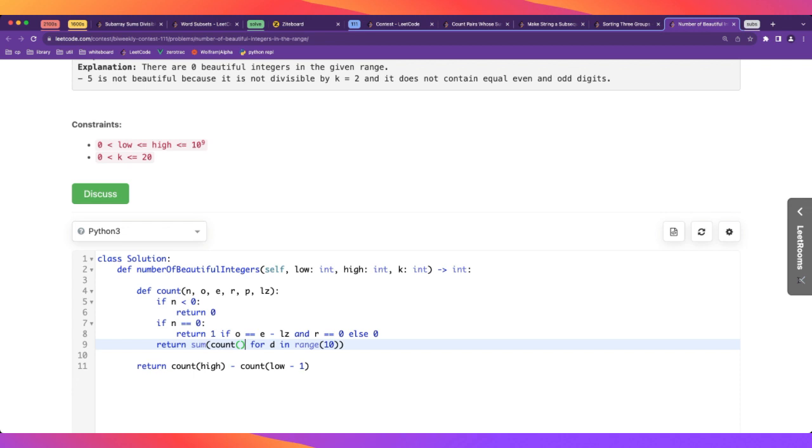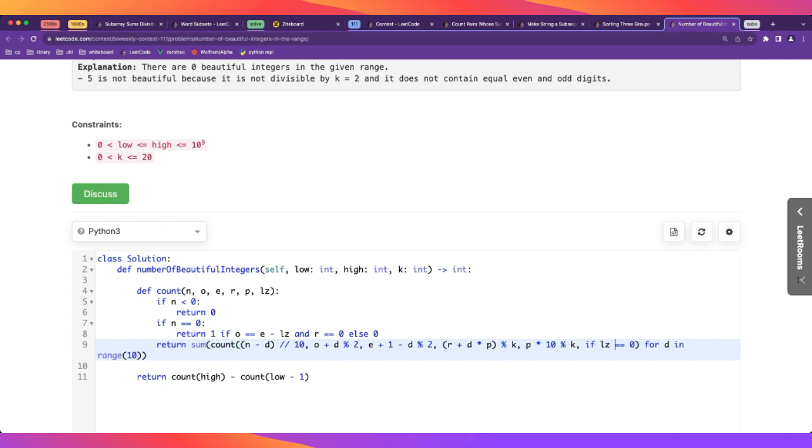and we're gonna call count, and we want n minus d divided by 10, then the odds plus d mod 2, even plus 1 minus d mod 2, then r plus the digit times p mod k, then b times 10 mod k, and then again, if d is 0, then the leading zeros plus 1, otherwise 0.